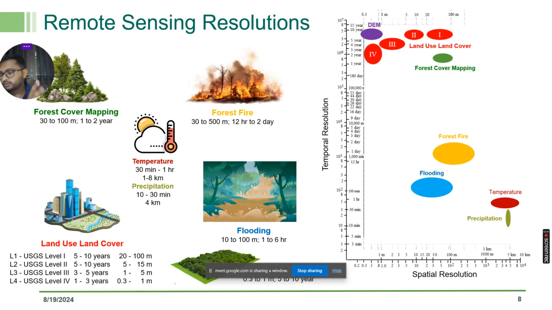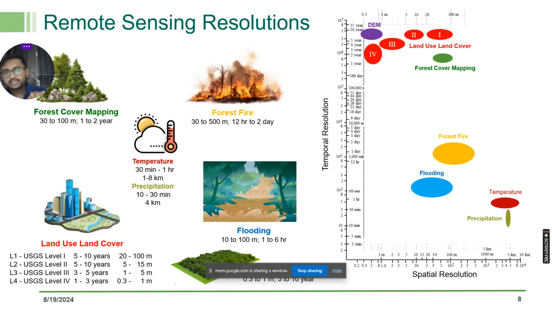So all the four resolutions: the spatial, temporal, spectral, and the radiometric. The spatial is representing what kind of object you want to resolve. The temporal is related to how frequently you are taking the images of a particular area. Then spectral is how sensitive the information is that you are getting from the imagery. If two similar types of trees are there, are you able to differentiate between them or not?